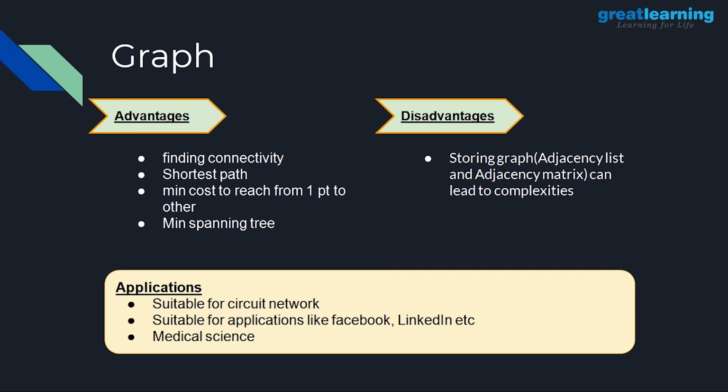If there are 4 nodes or 4 vertices, a matrix will be made of 4 cross 4. So if somehow we have 50 nodes or 40 nodes, you see how complicated it gets to build a matrix of 40 cross 40, right?